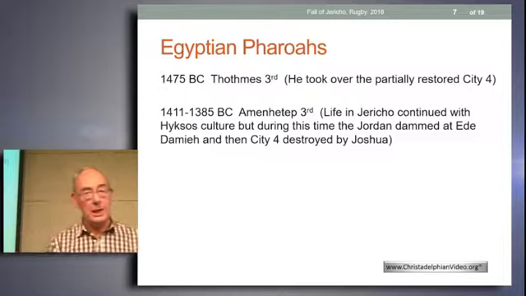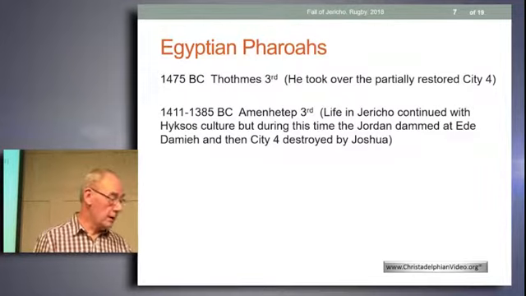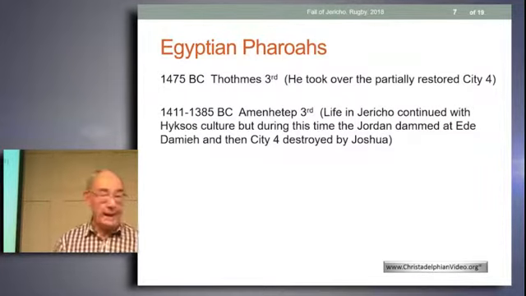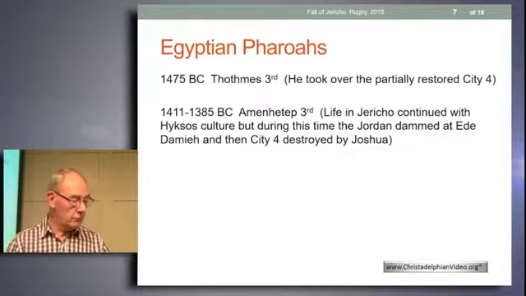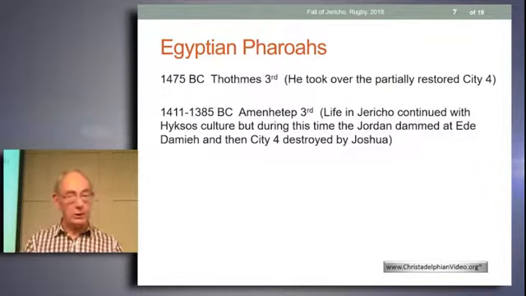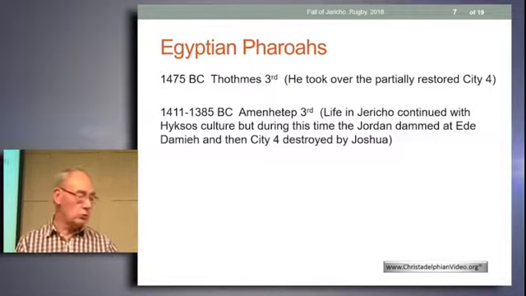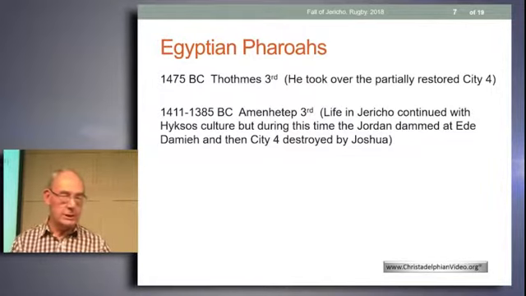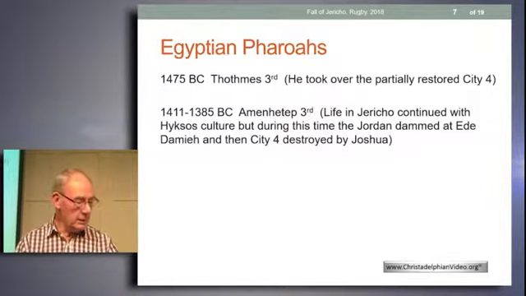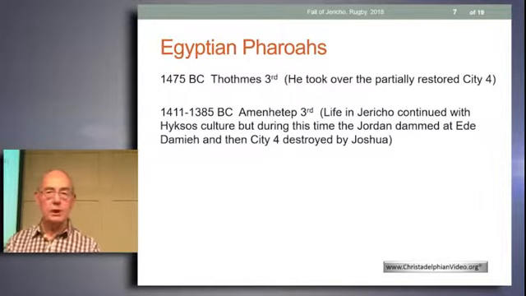There was this Egyptian pharaoh called Ptolemy III, and he was a very proactive sort of leader, and he actually took over that partially restored city, which is city 4, which is the last version that's ever existed of Jericho. So he took it over and started using it.